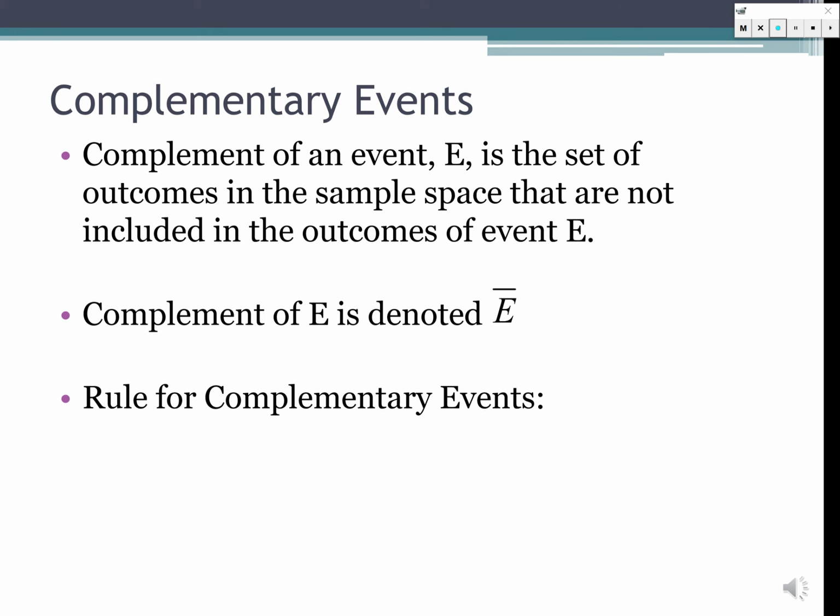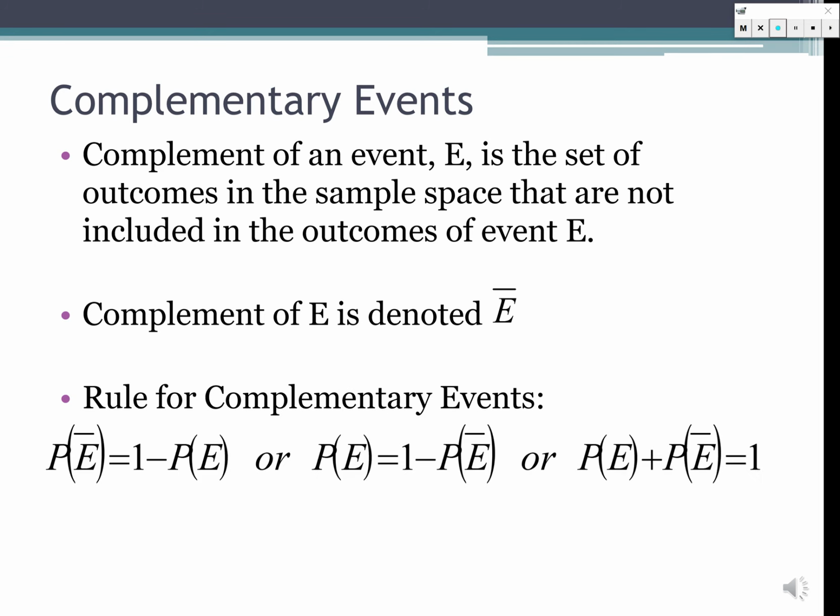Some of these rules can provide some shortcuts for us. Let me go through piece by piece. I know all three pop up at the same time, I apologize. This is the probability of our complement, the bar over it means the complement, equals 1 minus the probability of our event. Remember, if we add up all the individual probabilities in our sample space, the total is 1.